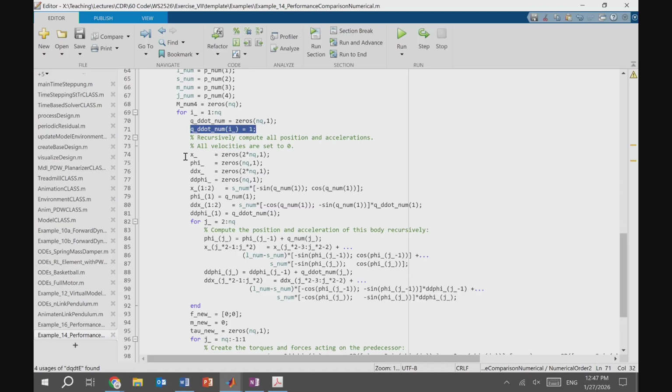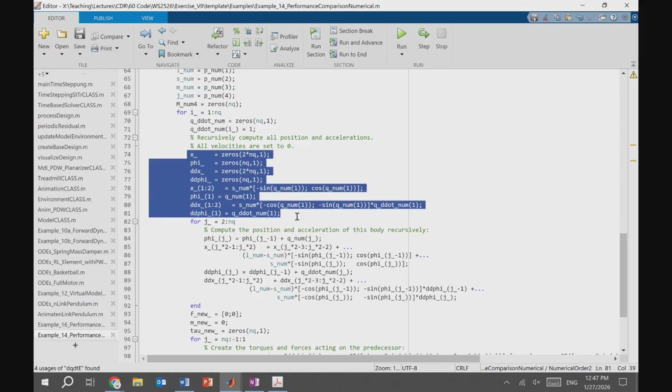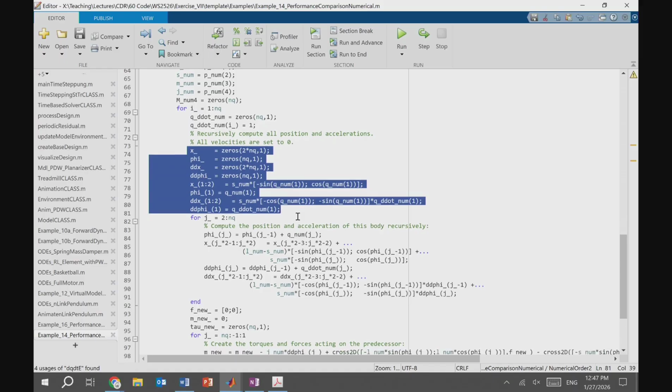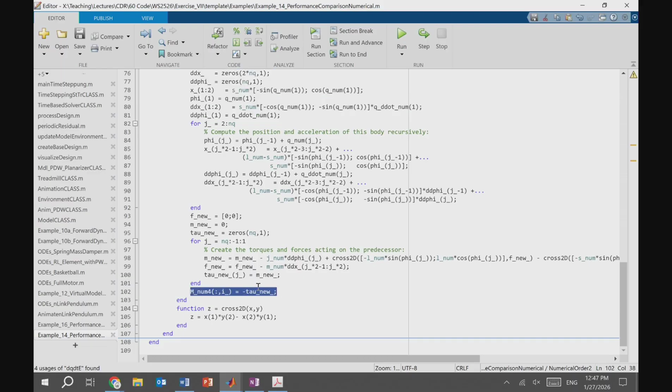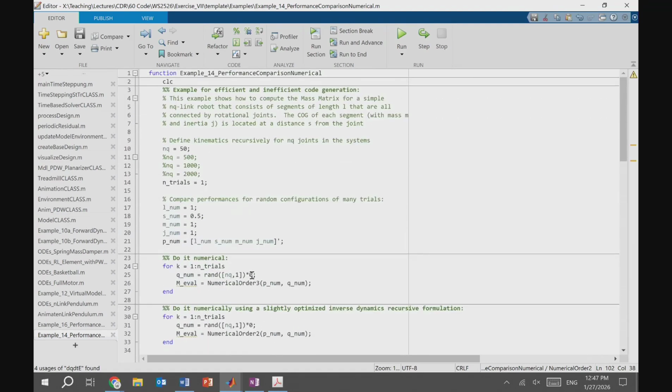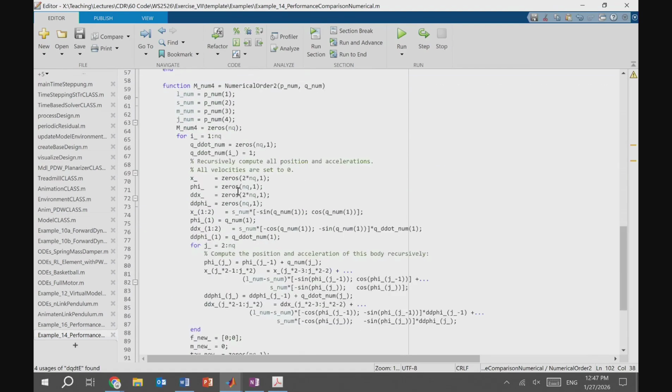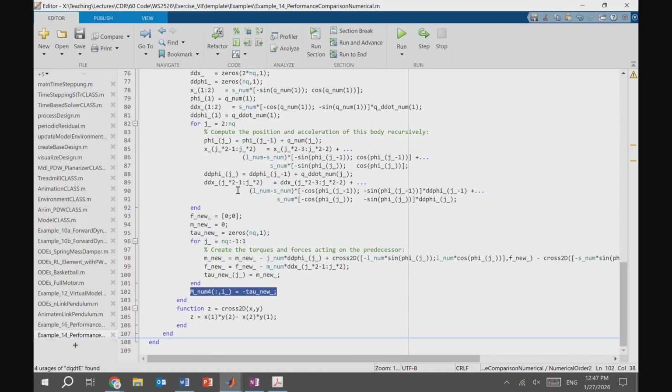And with that vector, I then initialize my recursive Newton-Euler algorithm. And at the very end, I just take that torque and add it into the mass matrix. This assumes no gravity. It probably says somewhere in the small print that we don't have gravity, so I don't have to do the minus g compensation. I just say this is my rho.